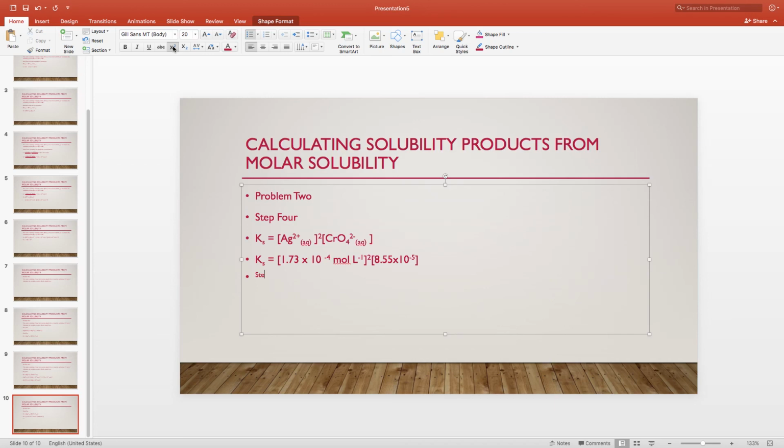So step 5 is to compute the answer, which is going to be: the Ks is going to equal 2.60 times 10 to the negative 12.